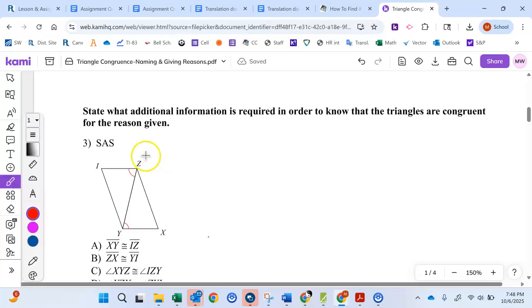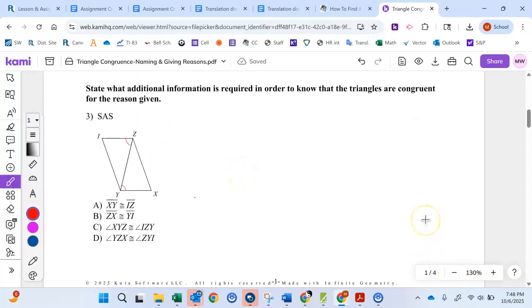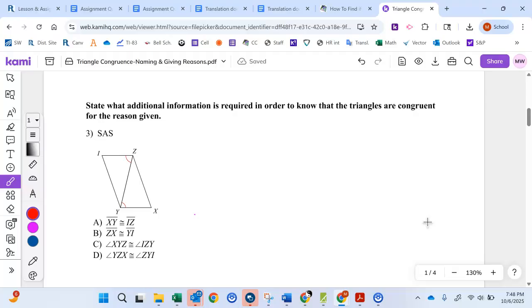So when we get a question like number 3, make it a little bit smaller, there we go. We're looking for: state what additional information is required to know the triangles are congruent for the reason given. What reason given? Side, angle, side.